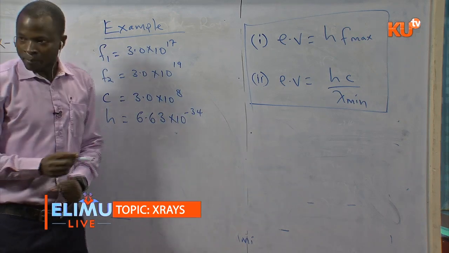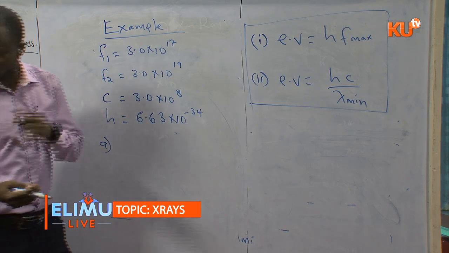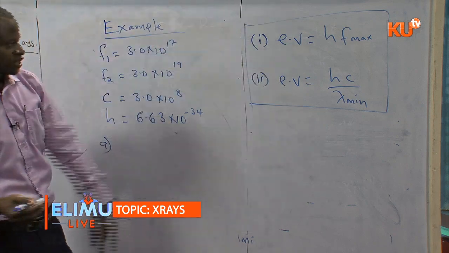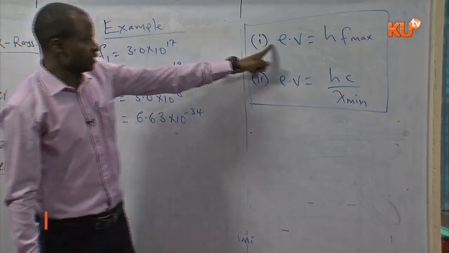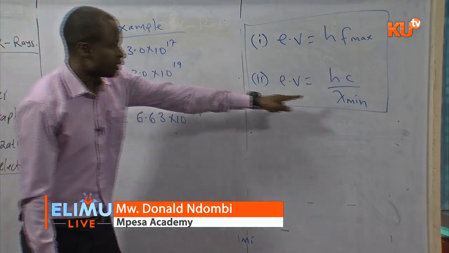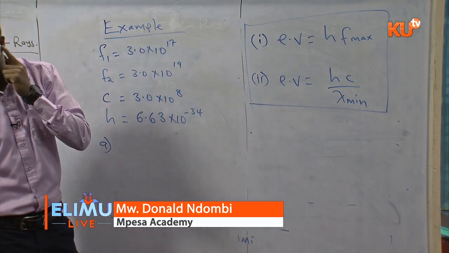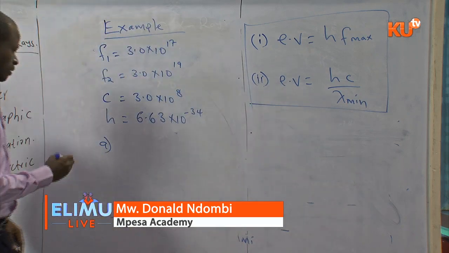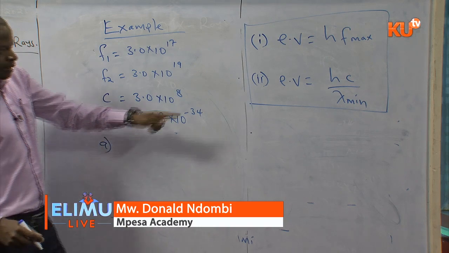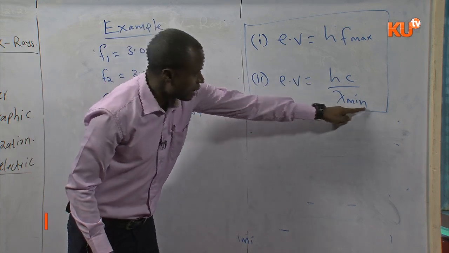Therefore, for part A of the question, we want the range of wavelength. Looking at these two, which equation do we use again? We have EV and HF max. No one wants that. We still want the wavelength. So we use equation 2? That means EV equals HC over lambda minimum.